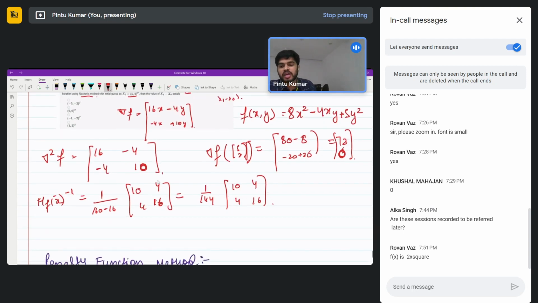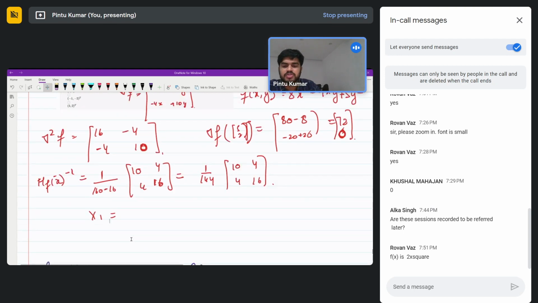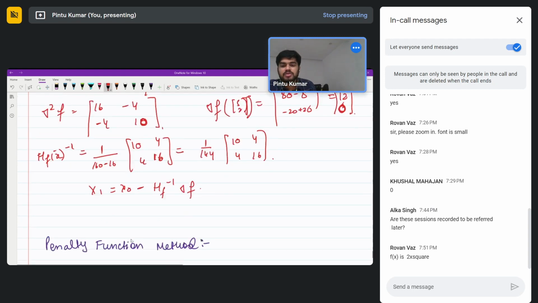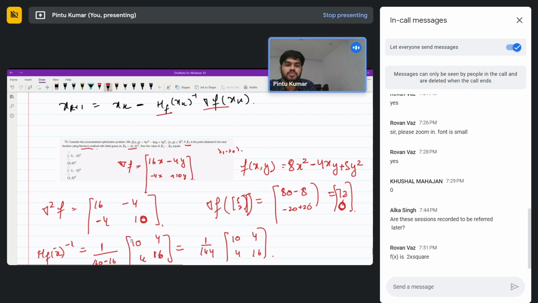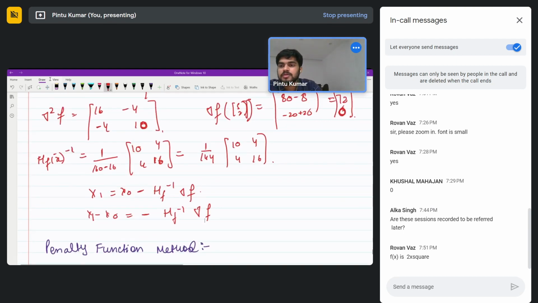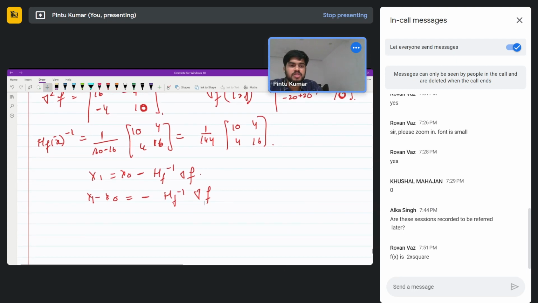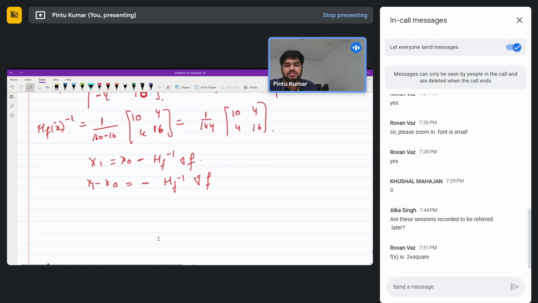So what is the point x1? You had to find x1 minus x0. x1 is equal to x0 minus the Hessian inverse times the gradient of f, so x1 minus x0 is just minus the Hessian inverse times the gradient of f. This is what you have to find. This would be a bit of calculation, so let's try to do it.